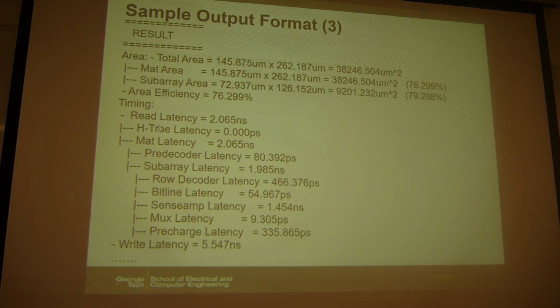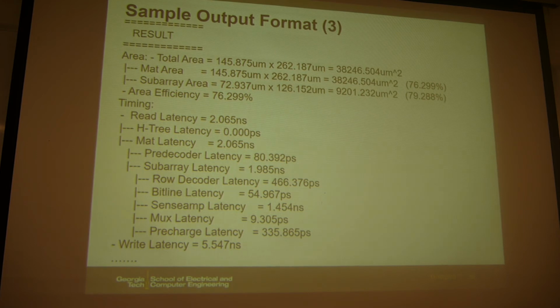And the timing, in terms of latency, for the read operation, this is the total, and then it will also have a breakdown into different components, like the routing H-tree latency, and then the latency for accessing the mat. Within the mat, you will have the decoder for that mat, and then the subarray level, and within the subarray level, you have the decoding, bit line, and mux latency, and so on. So you can see the breakdown of those metrics. So that's for the simulator.